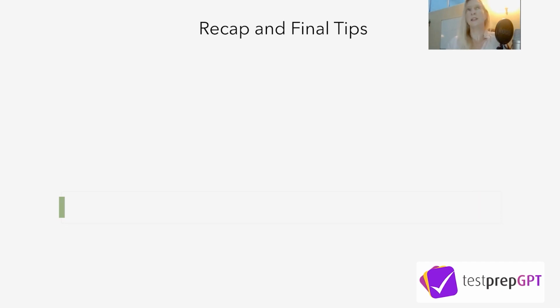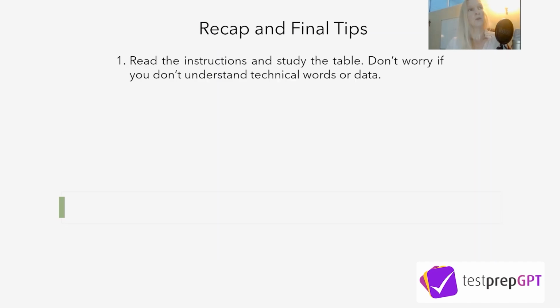It works like a charm every time. So again, let's recap. You're reading the instructions, you're studying the table. Okay, now if there's a lot of technical data, if there's a lot of specific information that you don't understand, don't worry. You don't need to really understand the details.